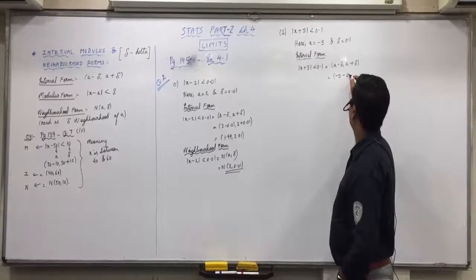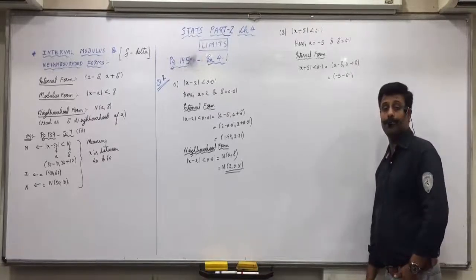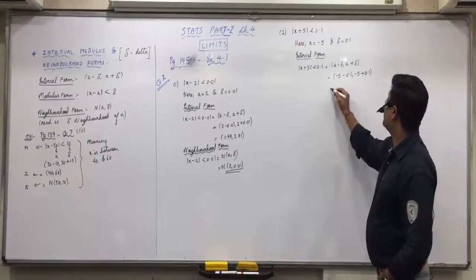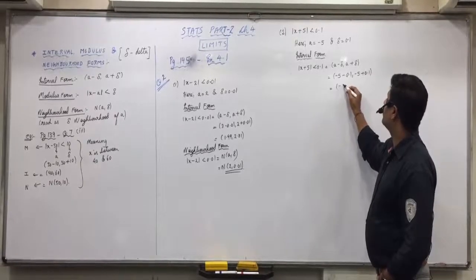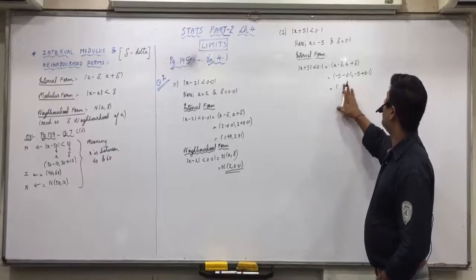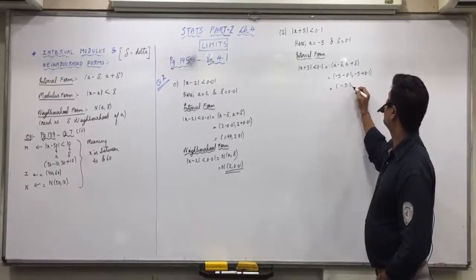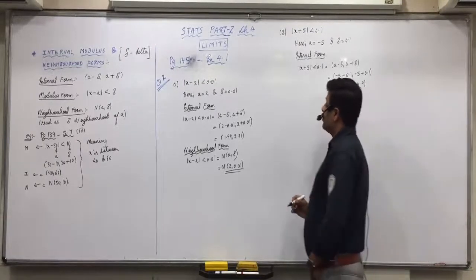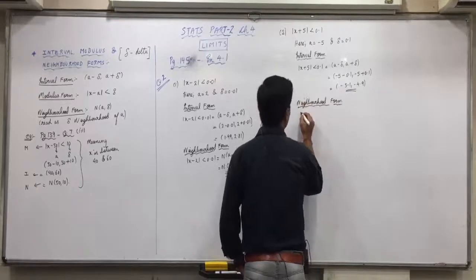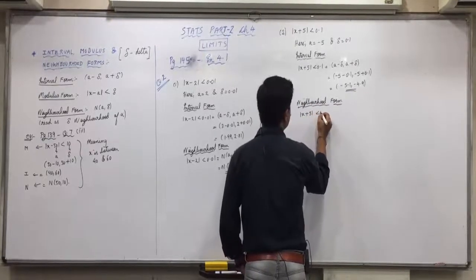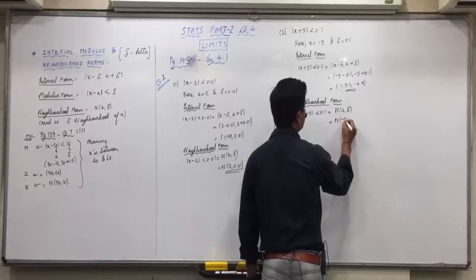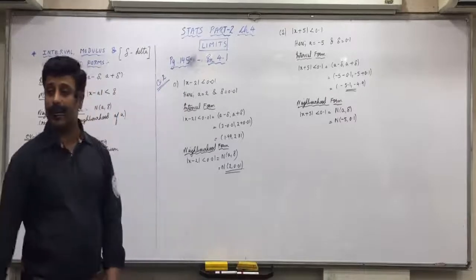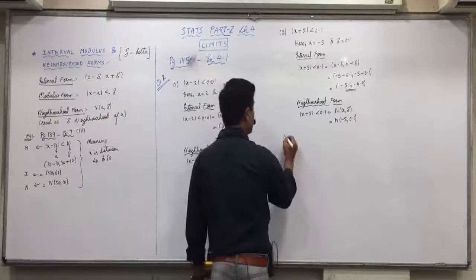Minus 5 minus 0.1, minus 5 plus 0.1, that is minus 5.1 and minus 4.9. And neighborhood form: modulus x plus 5 less than 0.1 is N(minus 5, 0.1). Did everyone understand this?